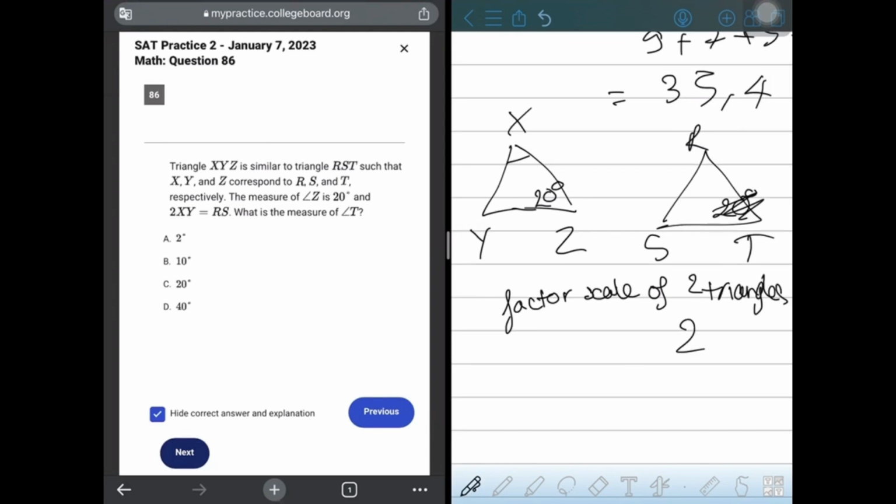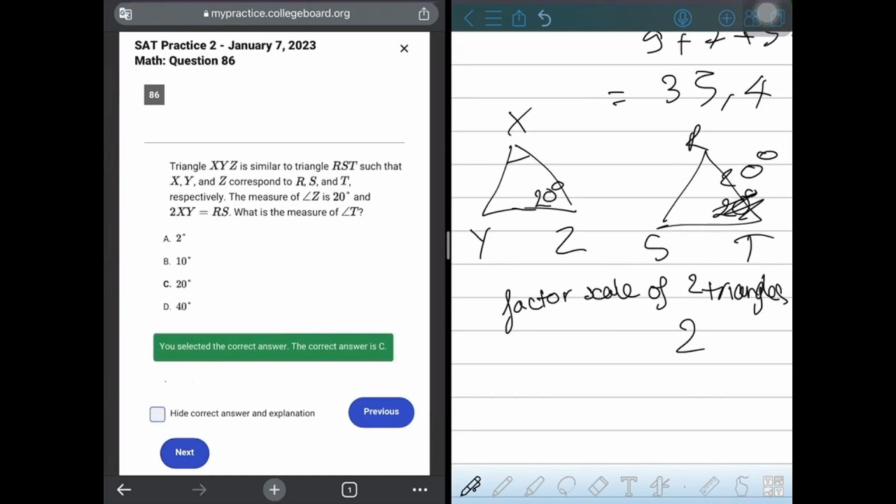But because they are similar, T is also 20. If they ask you about the length of RS or ST, we will use the scale factor, but they ask about the degree, the measure, so we just forget it. So the answer will be C.